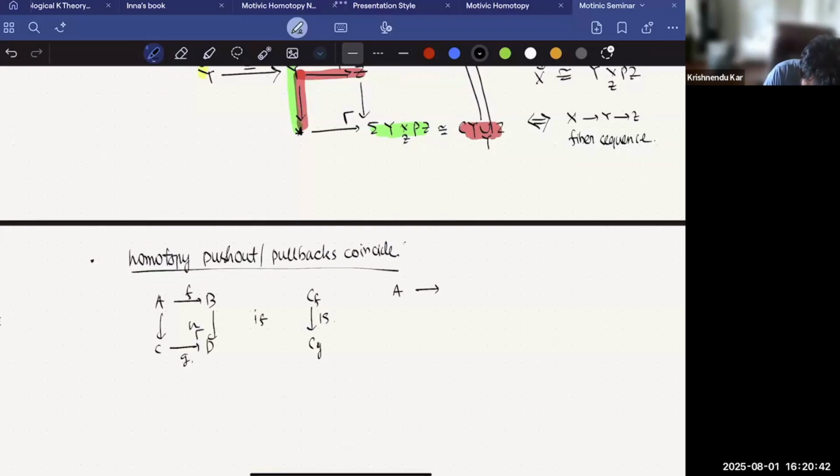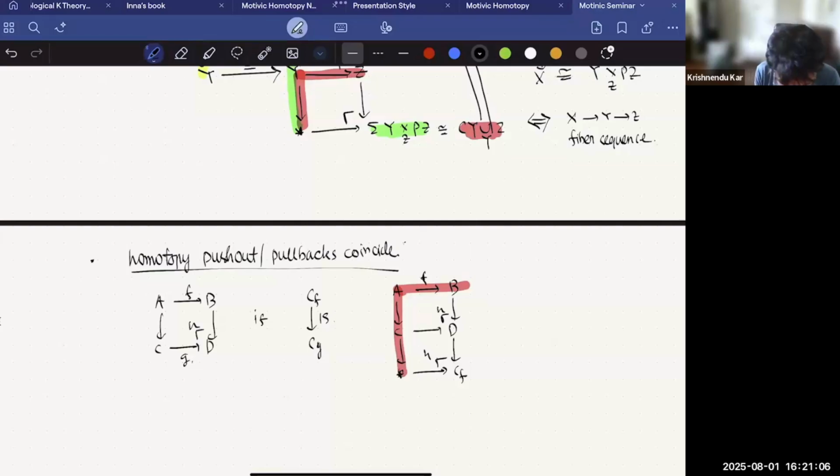So A to B, this is your C, this is D, this is F. This is your homotopy pushout, and I can extend it. If I focus on the homotopy pushout of the outer square over here and here, you get the cofiber sequence CF.